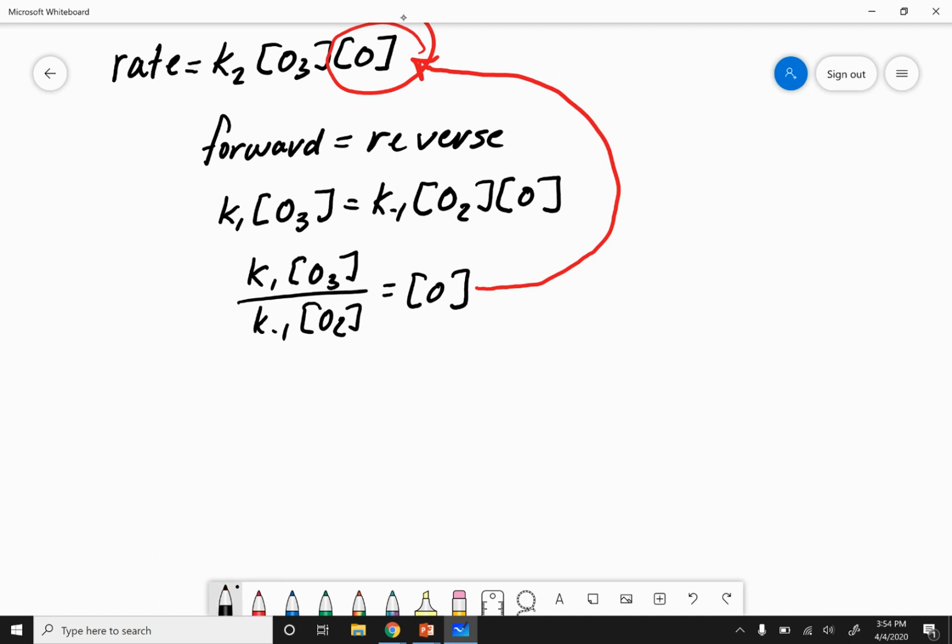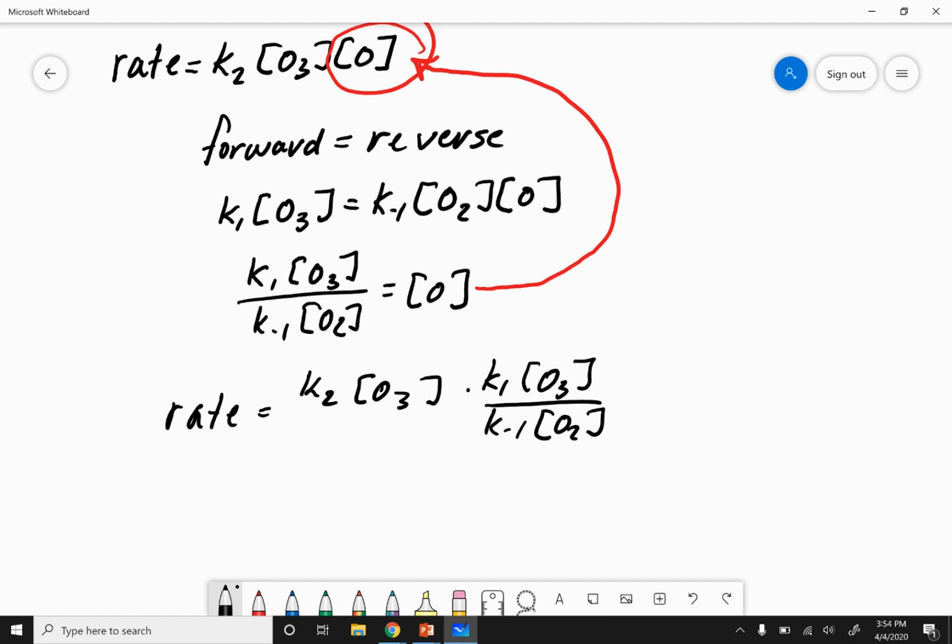So I can write rate equals K2 O3, and then I'm going to write this expression, K1 O3 over K to the negative 1 O2. And now I'm going to organize this a little bit more. This is K2 K1 divided by K to the negative 1. And on top, I have O3 squared. And on the bottom, I have O2.